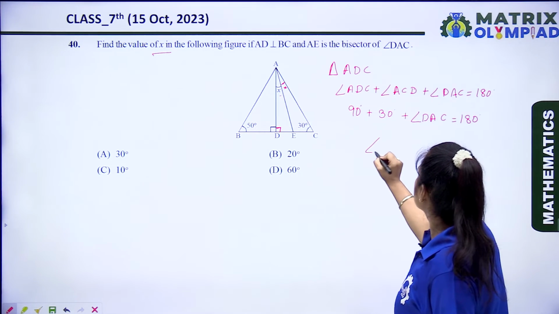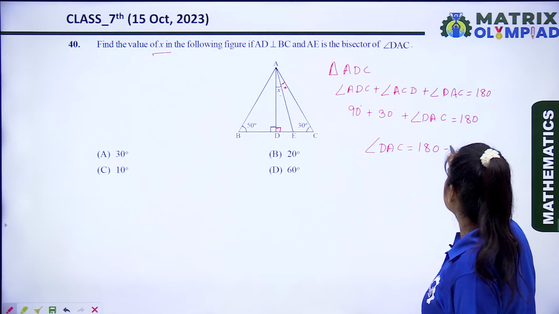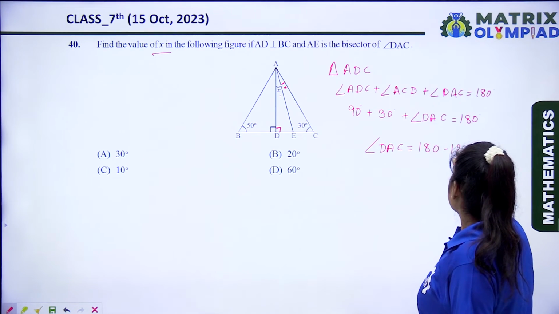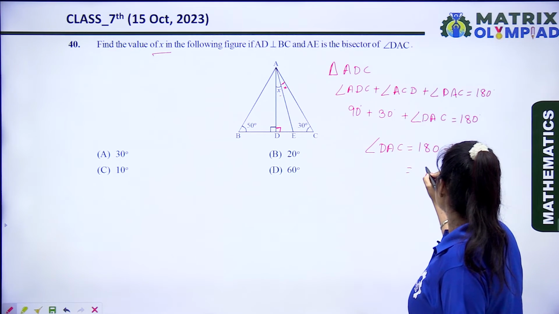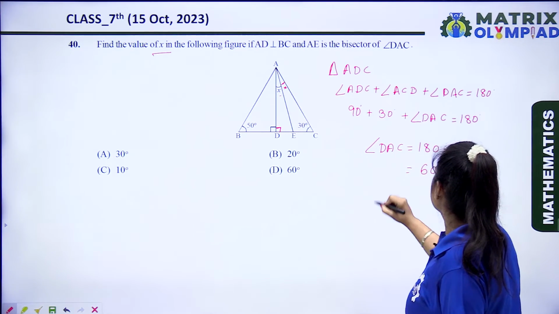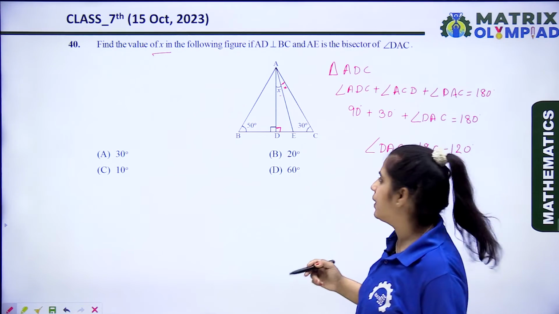Now we have to find out the value of angle DAC, that is equal to 180 minus 120 degree. So we will get here 60 degree.